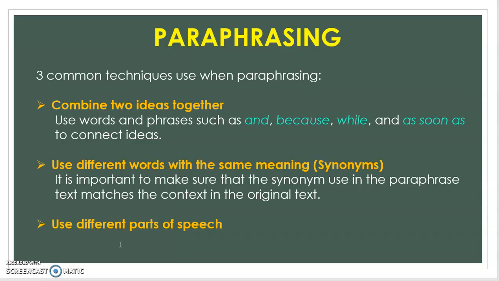So by playing with the roles of the words, you will manage to convey the information from the sources that you want to paraphrase without copying the original sentence, the original source.